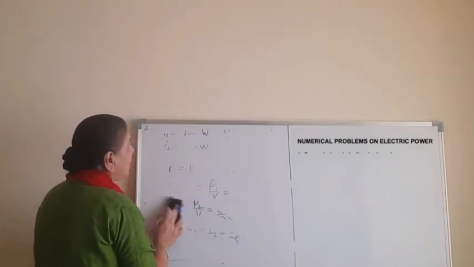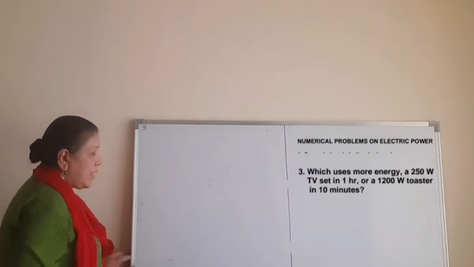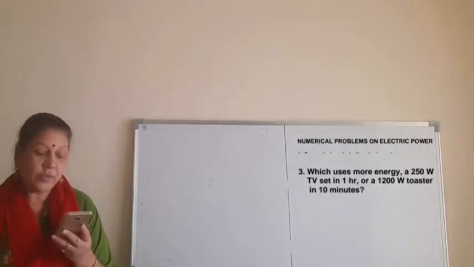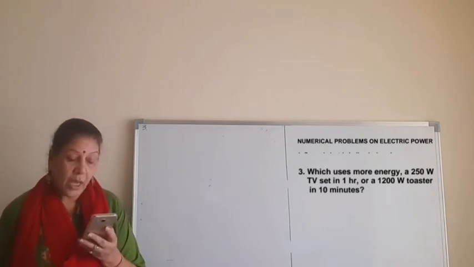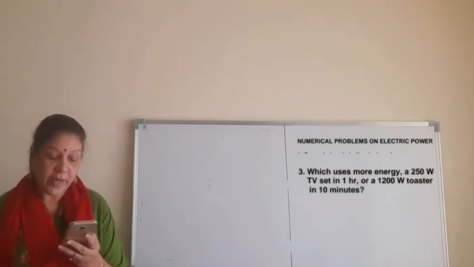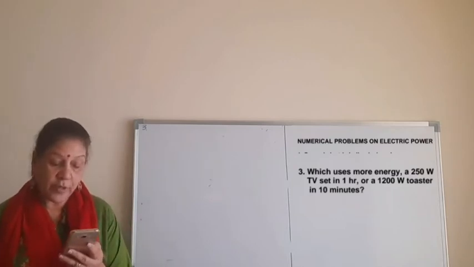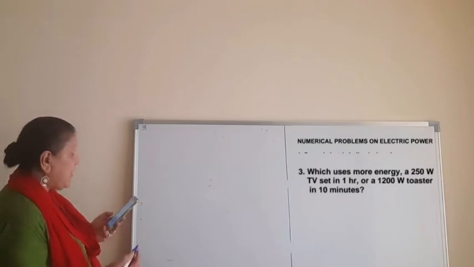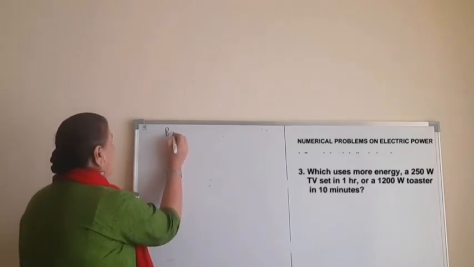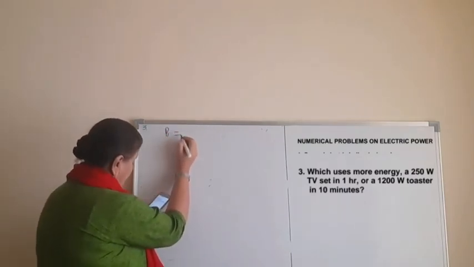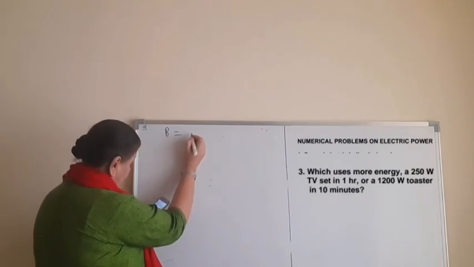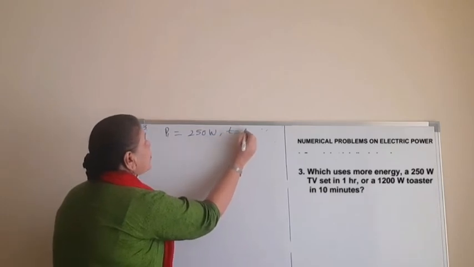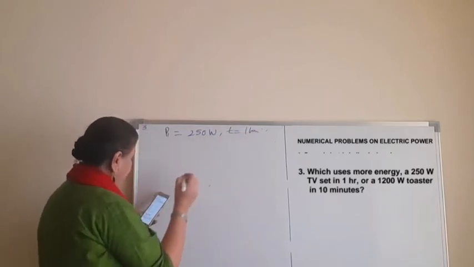Now we'll come to the third numerical. The third numerical says, which uses more energy? A 250 watt TV set in 1 hour or a 1200 watt toaster in 10 minutes. So if I am referring to P1 as the TV set, P1 is equal to 250 watt and time is given to you as 1 hour.